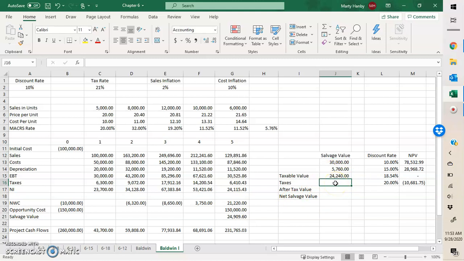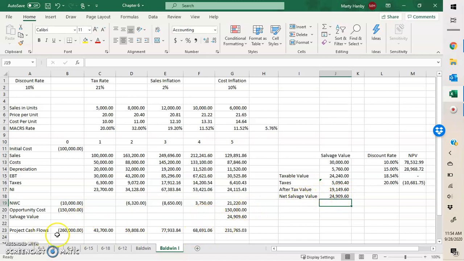So taxes are simply the $24,240 times the tax rate. And the after-tax value is $24,240 minus the taxes. And now we add back the 5,760, so equals the after-tax value plus the 5,760. So that's the net salvage value.